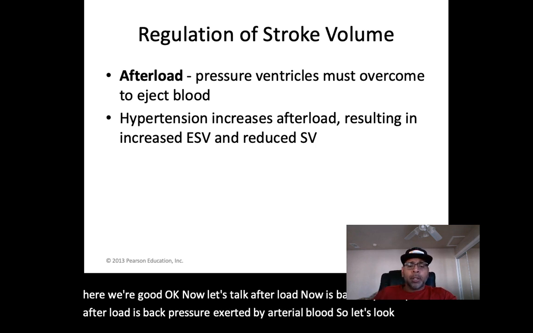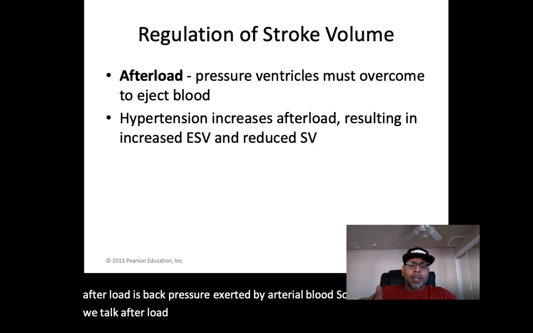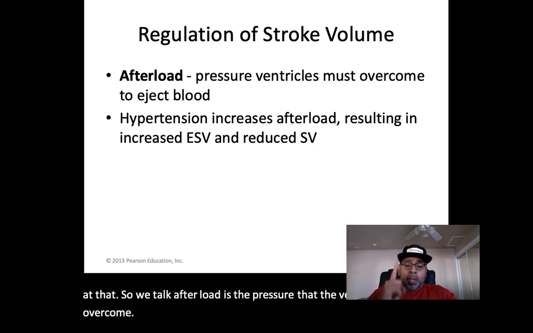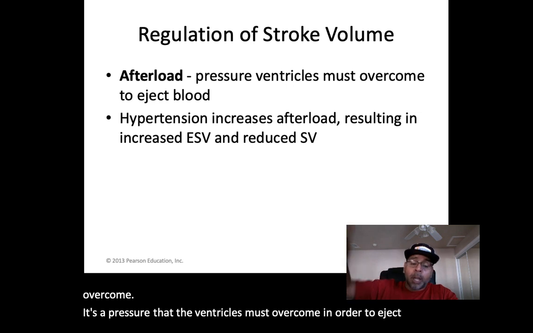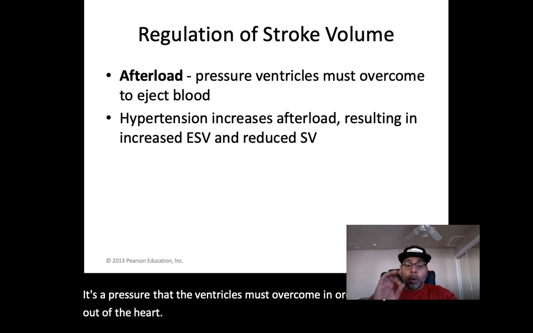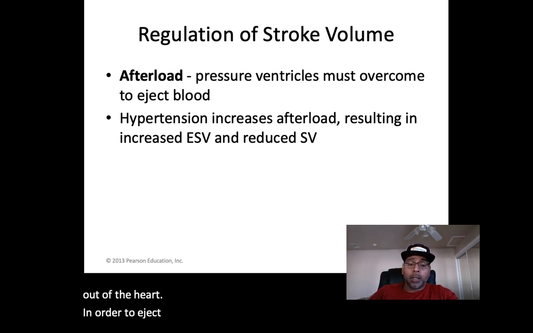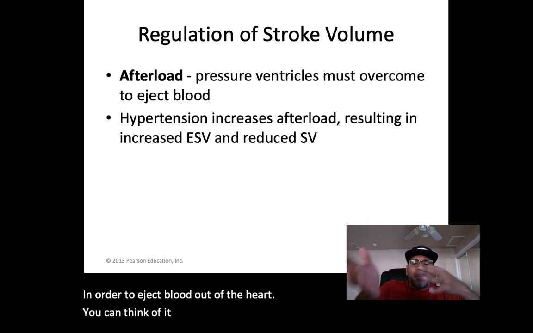When we talk afterload, afterload is the pressure that the ventricles must overcome in order to eject blood out of the heart. You can think of it as the back pressure.